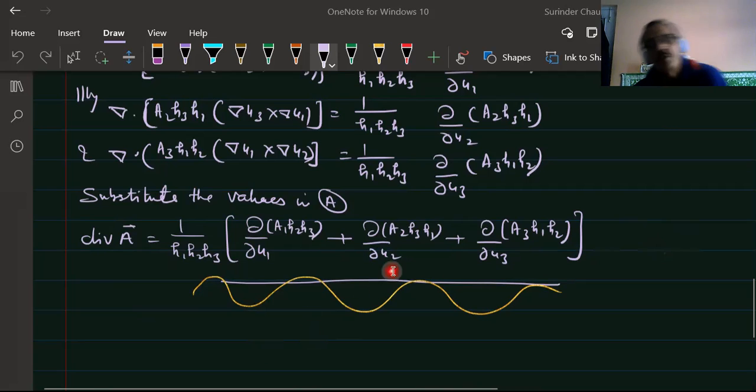So by comparison, we derive this result. If you are asked to find the equation in spherical coordinates, first we find the equation in curvilinear coordinates, then compare the unit vectors and components and substitute. We will get the gradient of a scalar point function, and similarly the divergence of a vector point function in the spherical coordinates. Thank you.